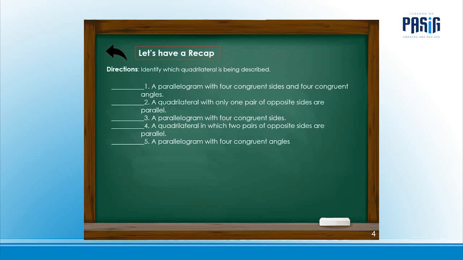A quadrilateral with only one pair of opposite sides parallel. Number 3. A parallelogram with 4 congruent sides. Number 4. A quadrilateral in which 2 pairs of opposite sides are parallel. And number 5, a parallelogram with 4 congruent angles.